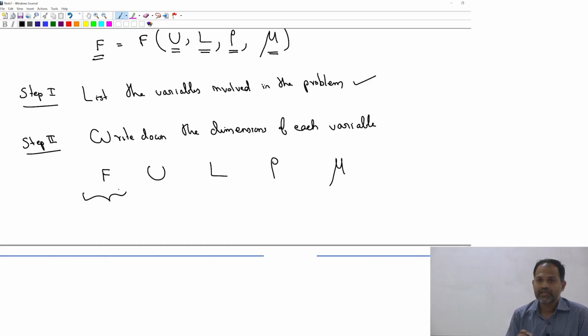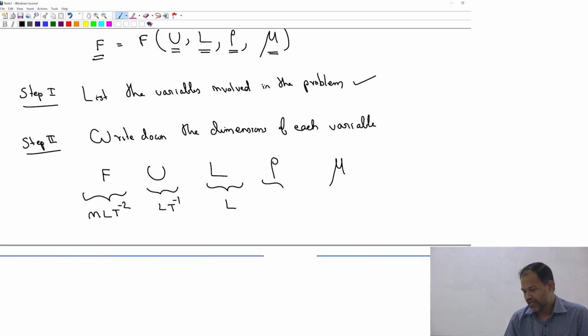Units of force in terms of MLT, mass, length and time, right? Mass into acceleration. Velocity, length per time, length is just length, density is mass per unit volume.